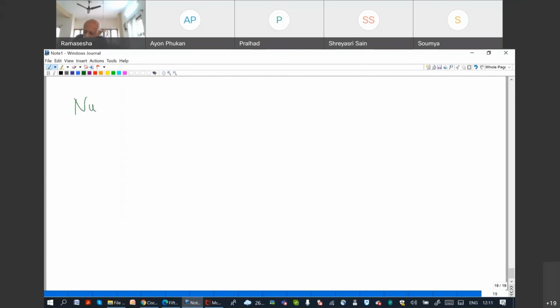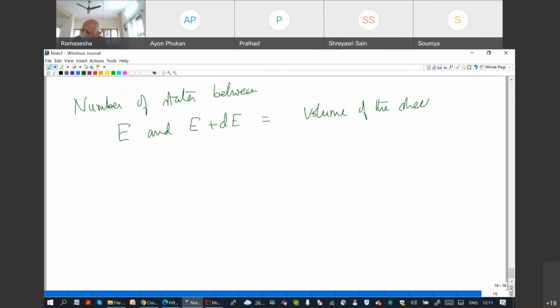The number of states between E and E plus dE is equal to the volume of the shell divided by the volume per state, which is 8 pi cubed by V. The volume of the shell is 4 pi k squared dk.